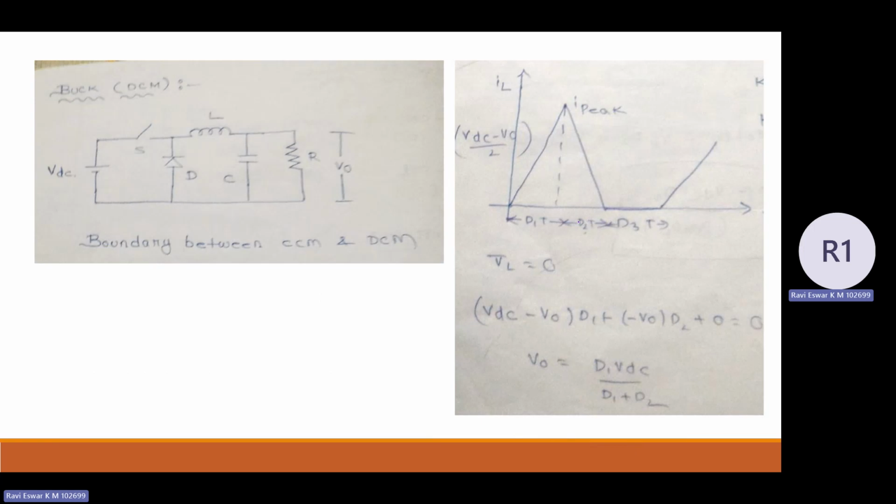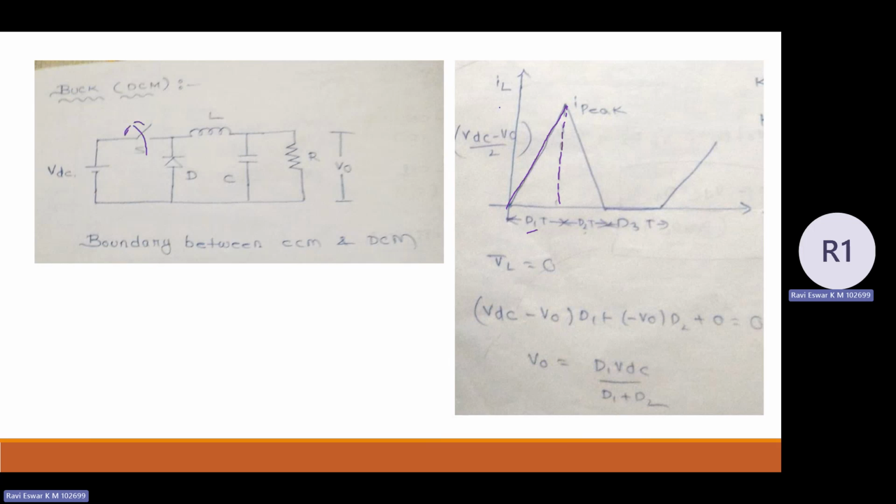So now what about the output voltage when the inductor current is in DCM, discontinuous conduction mode? Again, come to the picture here. Here I am drawing the inductor current over time. If I take the turn on duty as D1 T, the inductor current is rising.